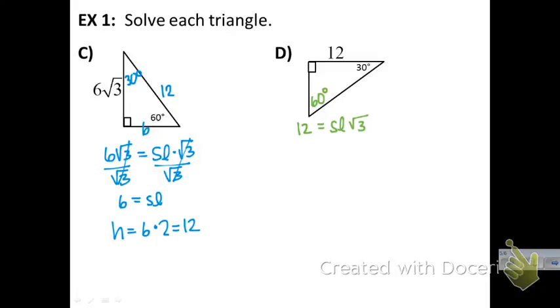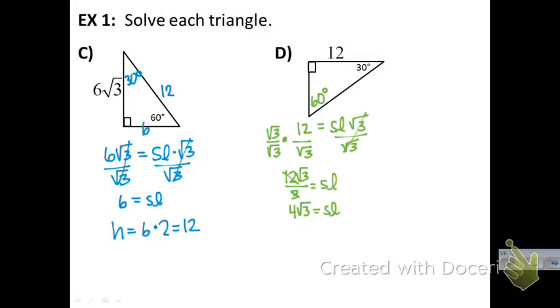Then to solve for the short leg, we divide by root 3. Root 3's cancel here. On the other side, we're going to rationalize by multiplying by root 3. So we end up getting 12 root 3 over the square root of 9, which is just 3, equals our short leg. And then this will simplify and divide out. And you get 4 root 3 equals our short leg.